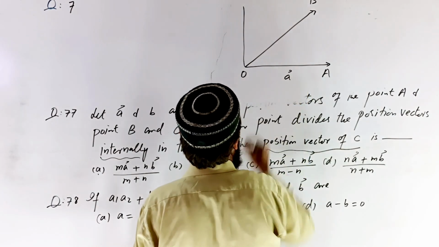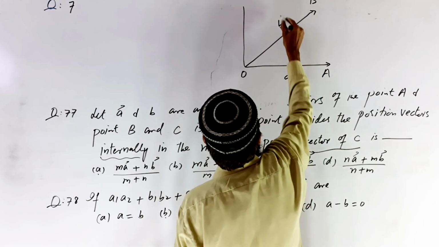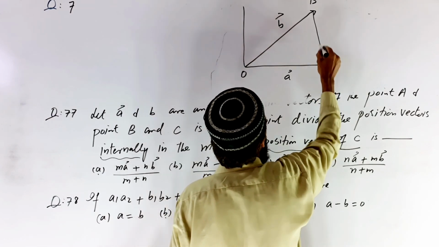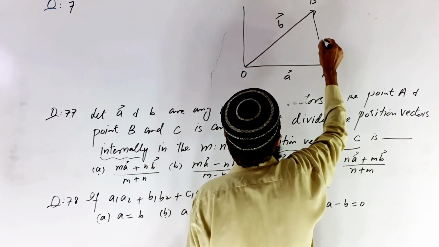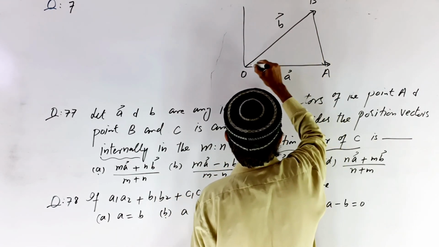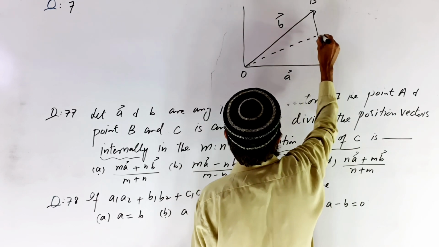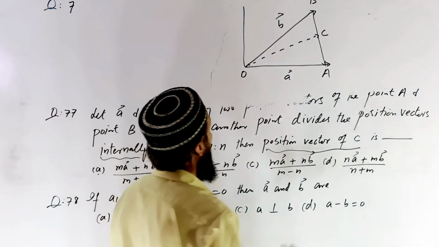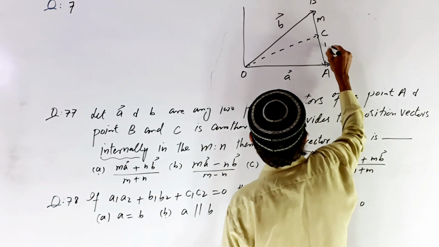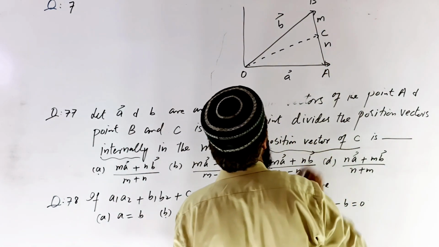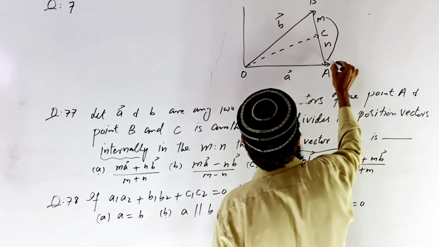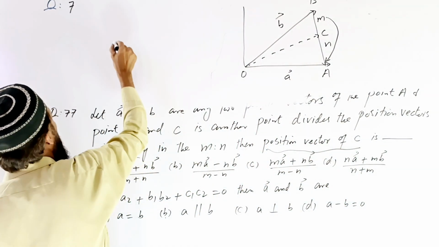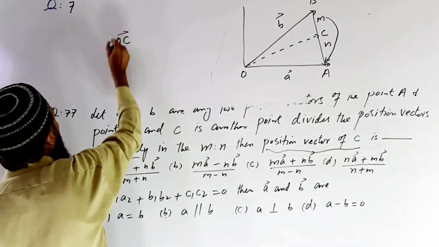Here the position vector of A and the position vector of B, and C divides these points in the ratio of m to n. So according to the formula, we apply internally: the position vector of C, OC, is required.